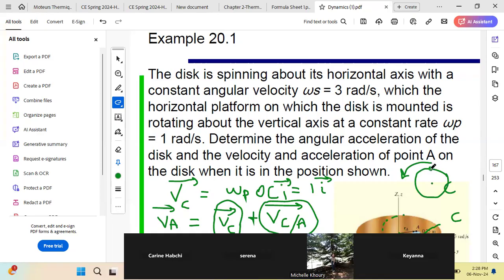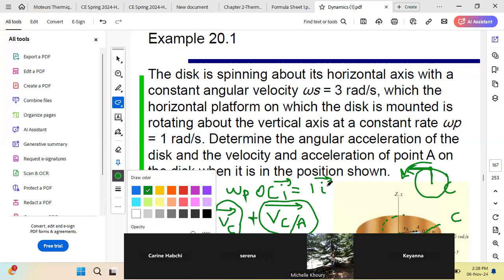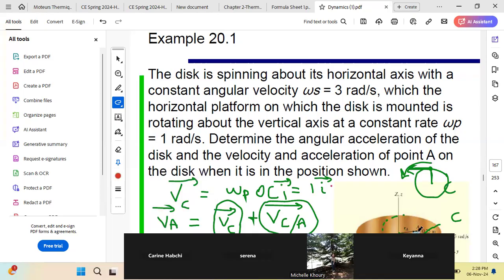So we know that the velocity should be perpendicular to the radius, and it should be in this direction in order to rotate counterclockwise. And if I represent the velocity here, let me use another color, the velocity of A relative to C will also be along positive I.